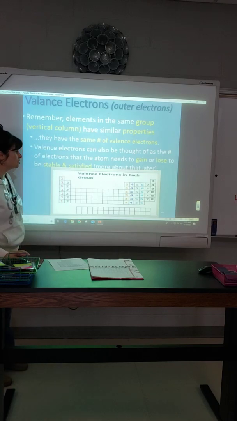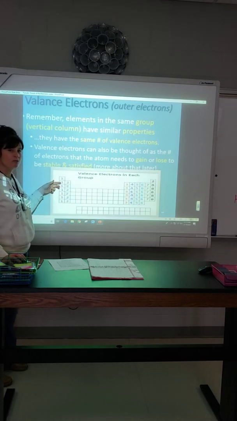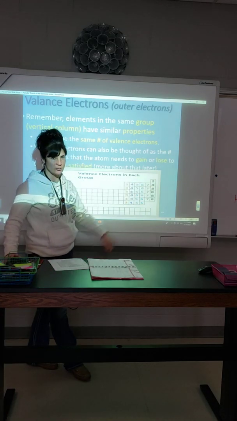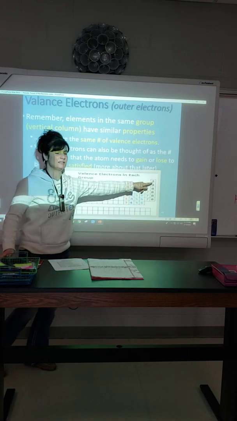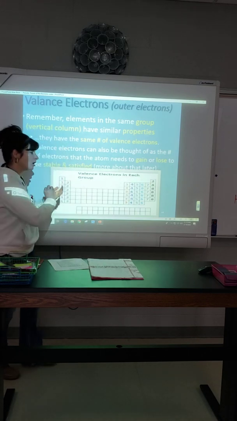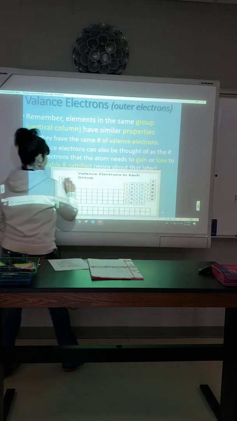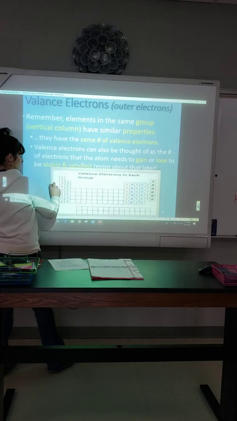All right, and so here you are 7 away from being at your 8. So is it easier, do you think, to get rid of 1 electron or to try to gain 7 to reach your 8? Because if you get rid of 1, then you back down to the next energy level. Okay, because these are all kind of like levels and rows. So as you go across, you drop down and come back. You go across, you drop down and then come back.